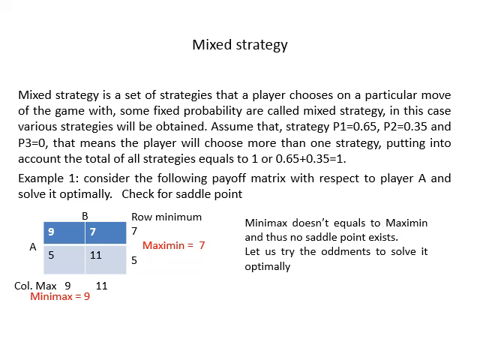So minimax equals 9 and maximin equals 7. So minimax doesn't equal maximin, and thus no saddle point exists.